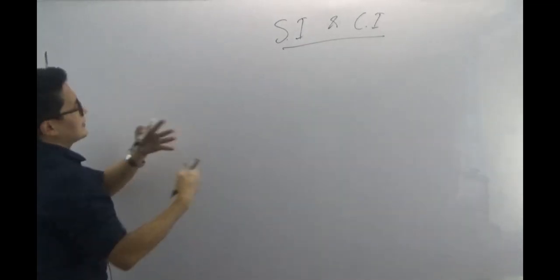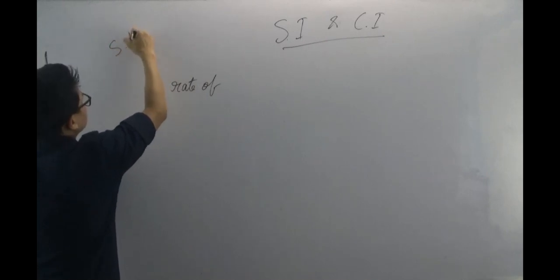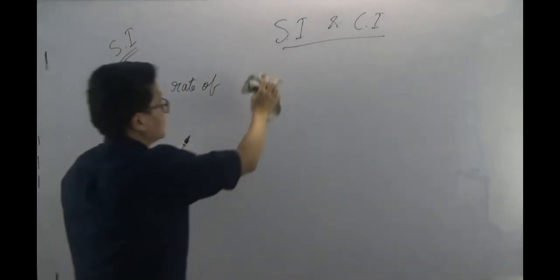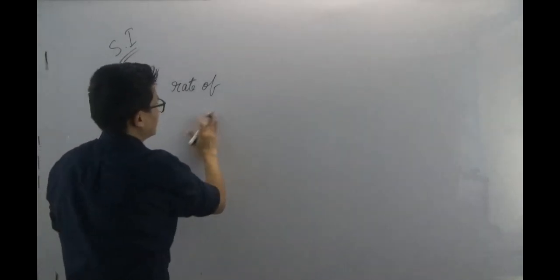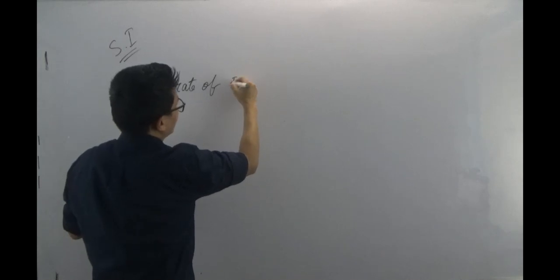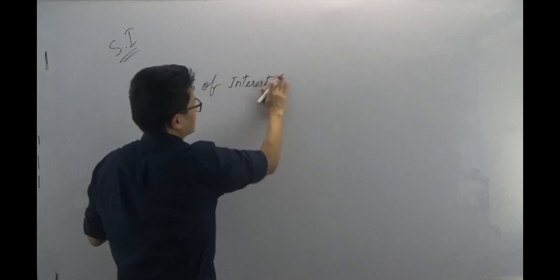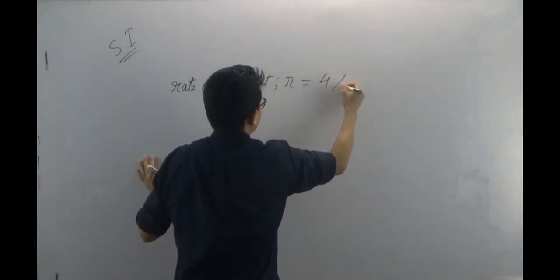Now let's take up an example. Let's say rate of interest. We are going to deal with simple interest first. Rate of interest I can represent with r, say 4%.